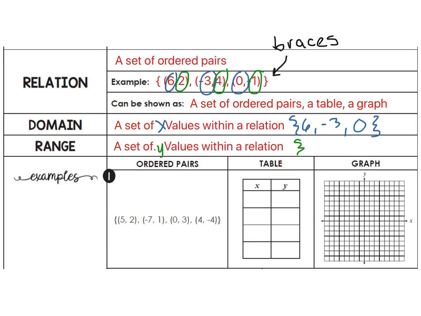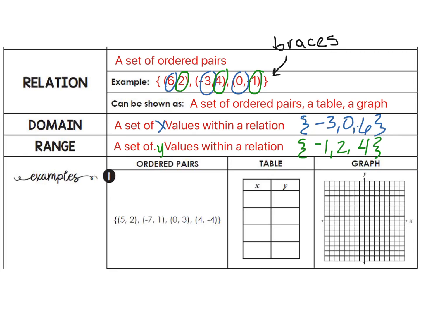However, when we list our domain and range, we typically want to put them in numerical order. All right, so let me fix this example and put them in numerical order. All right, and so I've gone ahead and fixed my examples where they are in order from smallest to biggest.